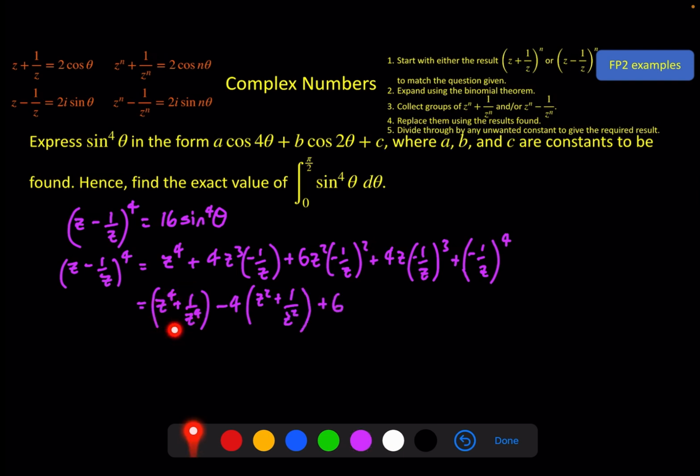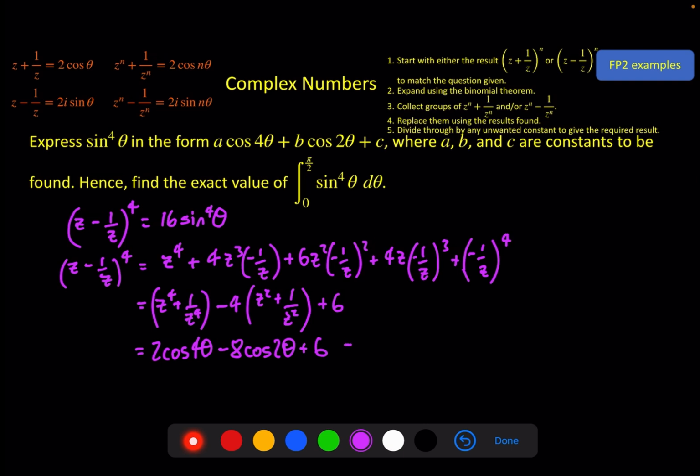Now we will replace our expressions with the known results here. So z power 4 plus 1 over z to the 4 is 2 cosine 4 theta. And then we get 2 cosine 2 theta times the minus 4, so we get minus 8 cosine 2 theta plus a 6.